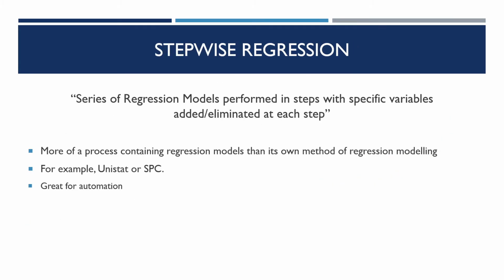So you may want to do a linear regression model for a dependent variable with a couple of independent variables, which then moves on to a linear regression of a different dependent variable or the same dependent variable with different independent variables. And then you can create a process where you have multiple regression models happening one after the other with maybe a feedback loop and things like that.